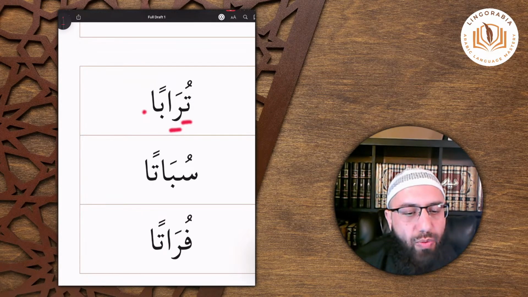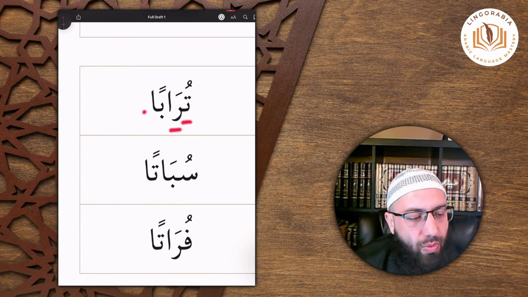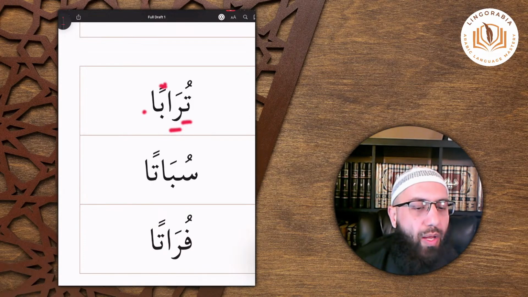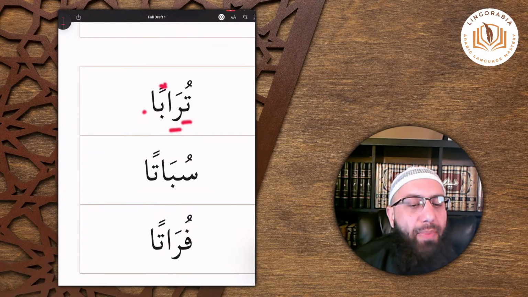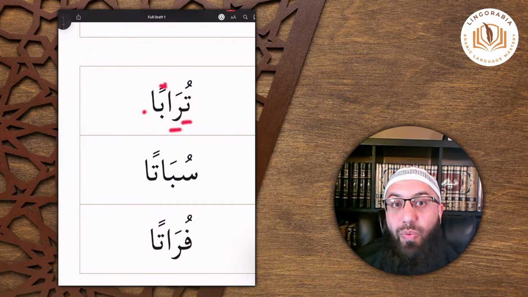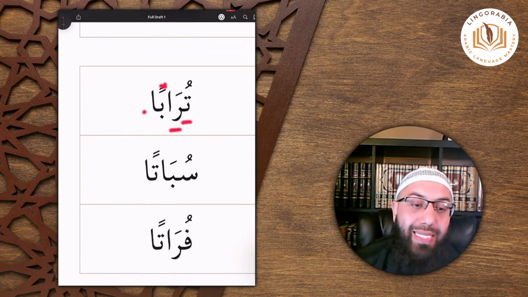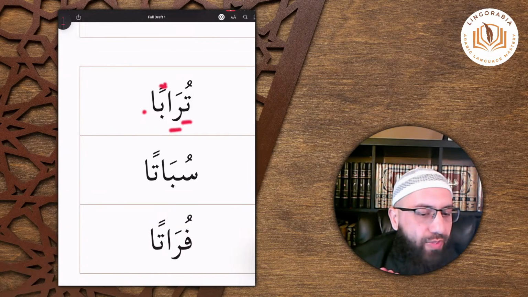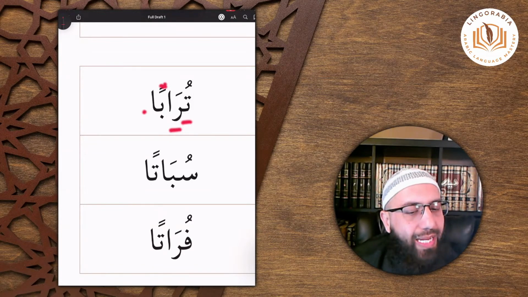But we read here now as we are ending the sentence with this. So you drop the tanween, you say turaba. You don't say turaban. Why? Because in this exercise we are acting as if this is the last word of the sentence. So you read the alif and you drop the tanween.